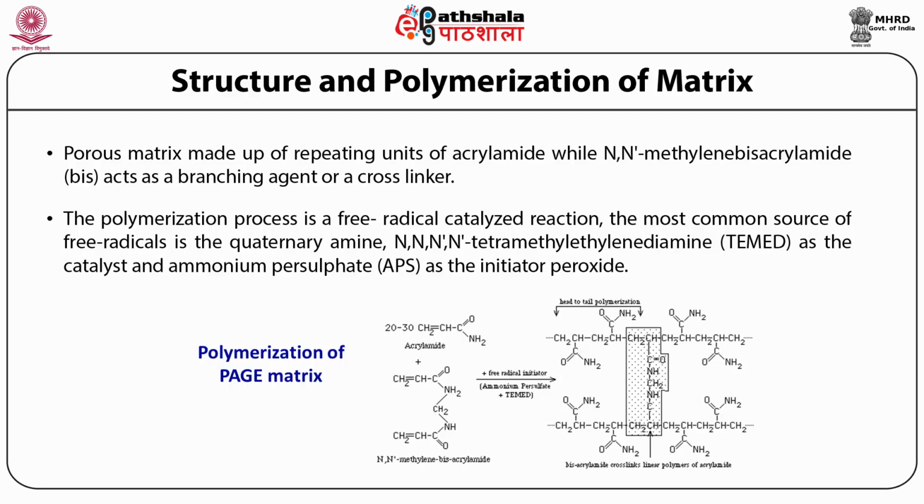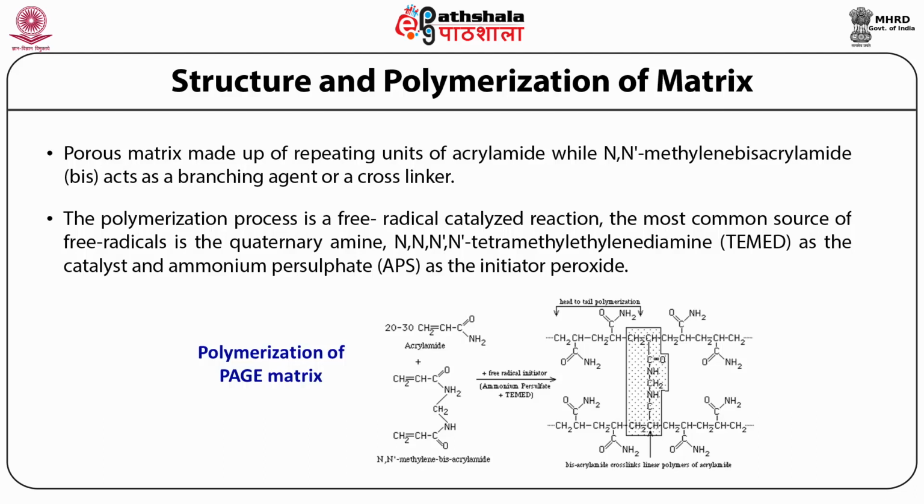Acrylamide polymerizes spontaneously in the absence of oxygen. So, the polymerization process involves complete removal of oxygen from the solution. Polymerization is more uniform if the mix is degassed to remove much of the dissolved oxygen by placing it under vacuum for 5 minutes or so before the polymerization.